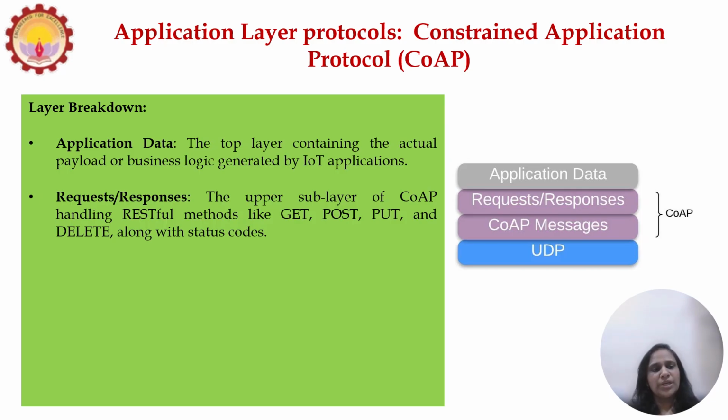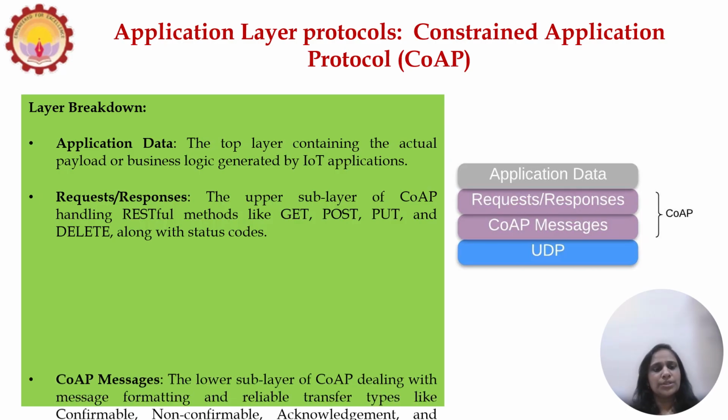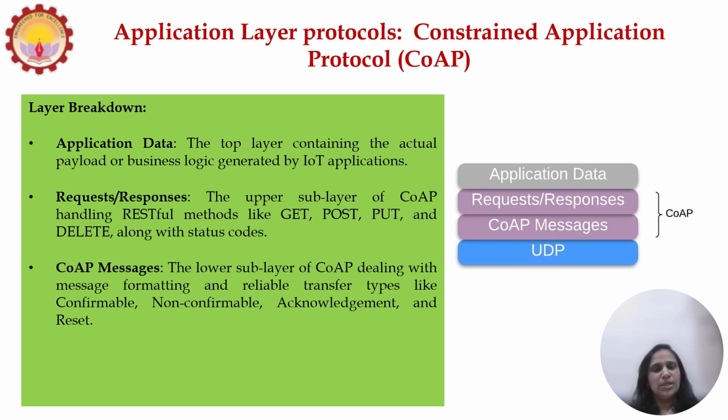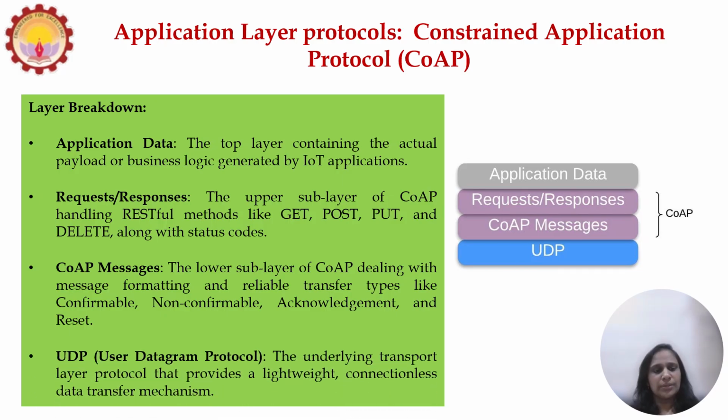Then the next layer is the request/response layer, the upper sublayer of CoAP handling the RESTful methods like GET, POST, PUT and DELETE along with the status code. Then the next layer is CoAP messages, the lower sublayer of CoAP dealing with message formatting and reliable transfer like confirmable, non-confirmable, acknowledgement and reset.